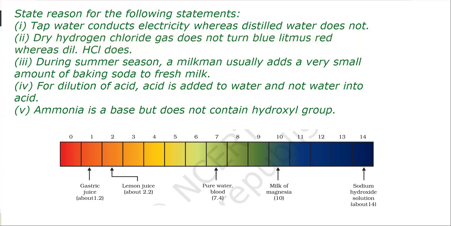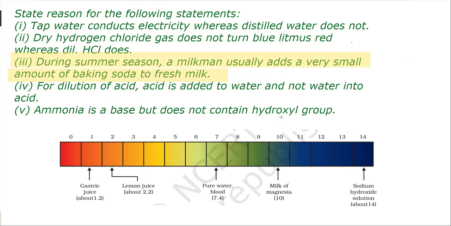Well, we have the third part. And what is that third part? We highlighted the third part. During summer season, the milkman usually adds some amount of baking soda to milk. What you should know is that baking soda is a mild base, right? So a mild base is used here.